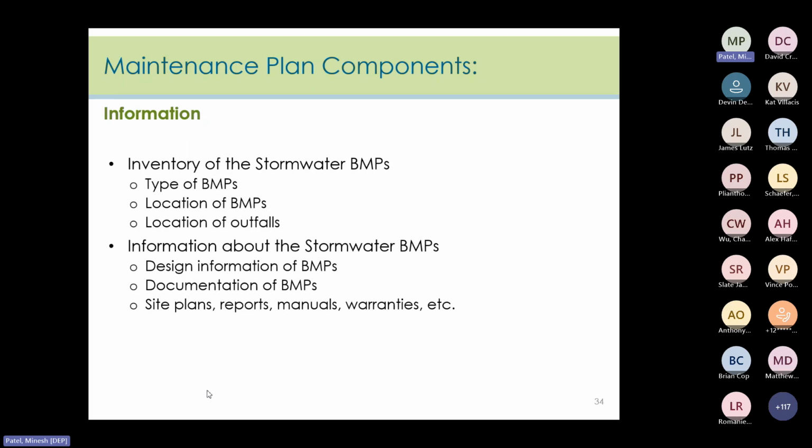If it stores or attenuates the discharge of stormwater, in this case, the drain down time should also be included. If there is an infiltration component, what is the benchmark permeability rate so that the maintenance staff can check whether the system is failing? And if there is a manufactured treatment device, what is the warranty? You need to also see the owner's manual, and those are just some things you should see with an MTD.